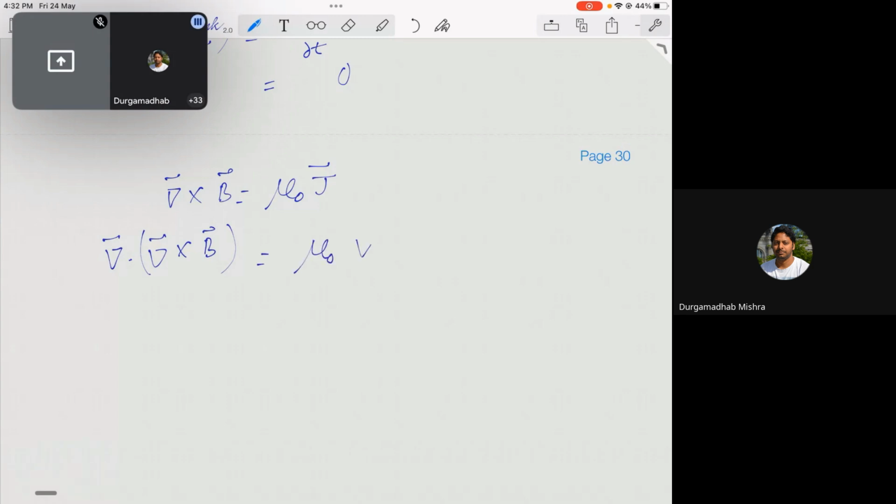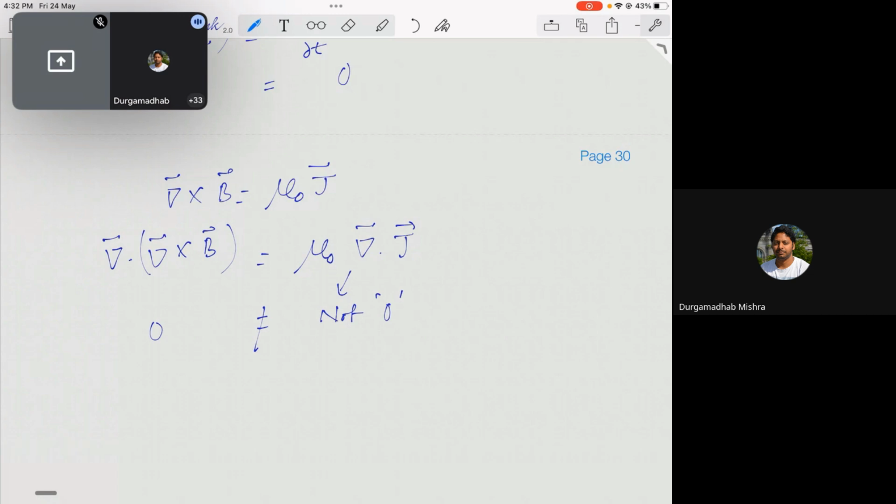You will have del dot J. Again, since this is the divergence of the curl of a vector, the left hand side has to be 0. But the right hand side is not necessarily 0.